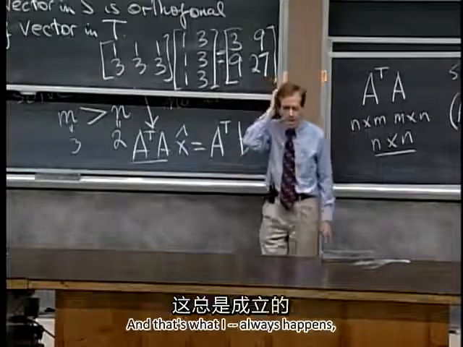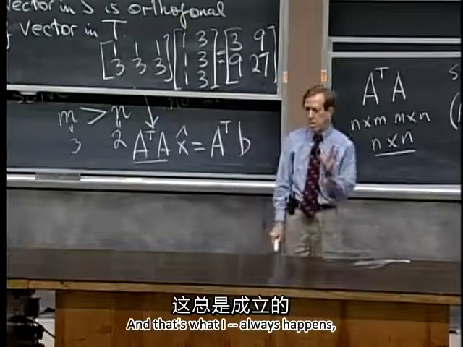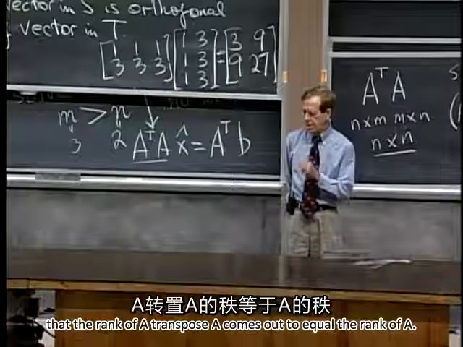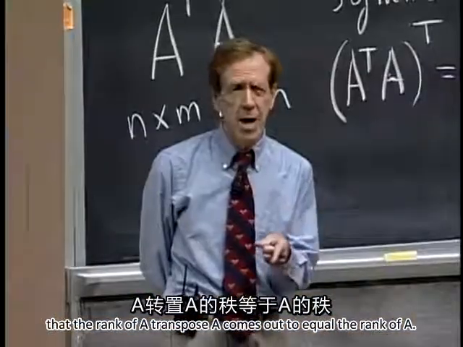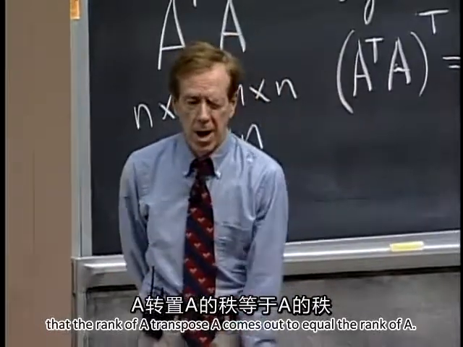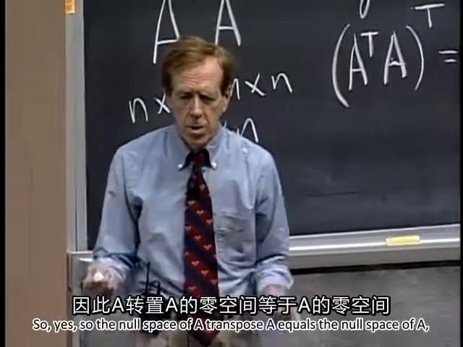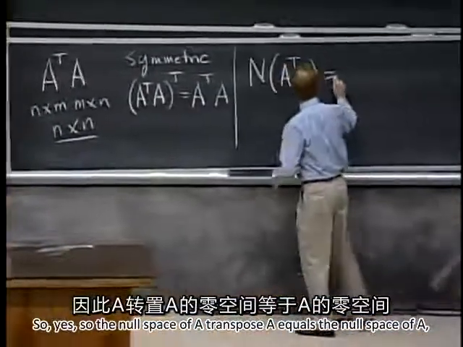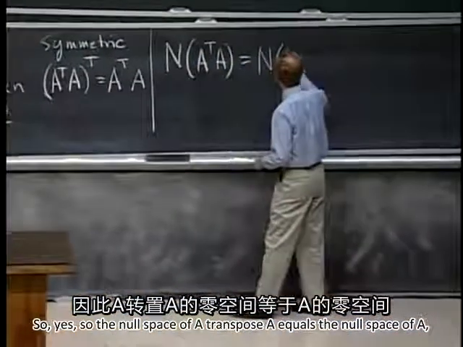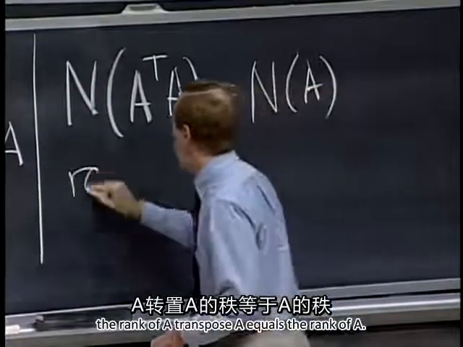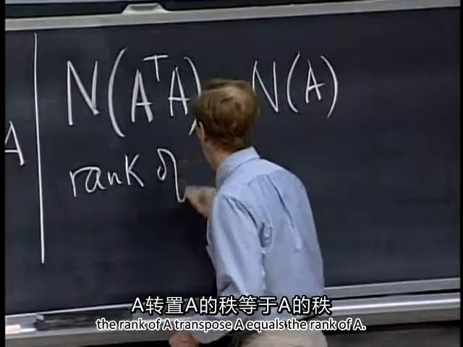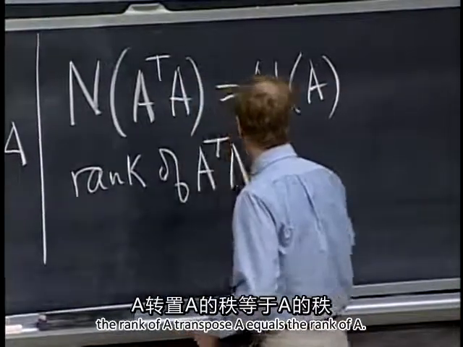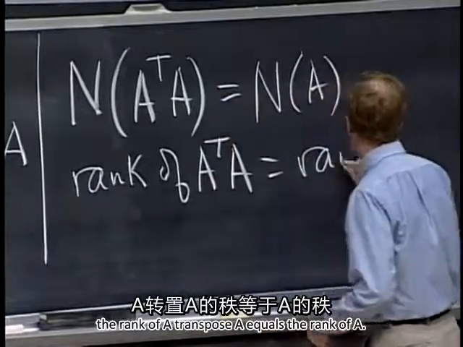And that's what always happens. The rank of A transpose A comes out to equal the rank of A. So the null space of A transpose A equals the null space of A. The rank of A transpose A equals the rank of A.